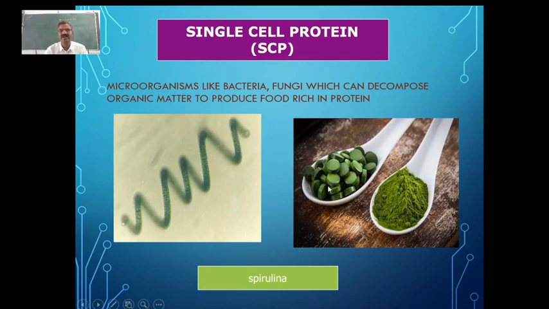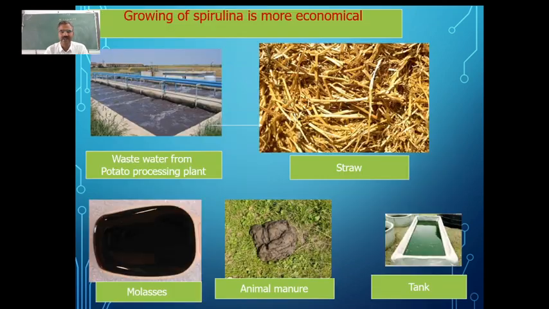What is that actually? How do we get it? Spirulina is a bacteria which can be used to decompose the wastewater from potato processing units, or straw from waste plants.